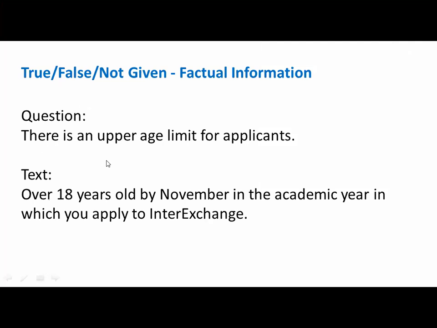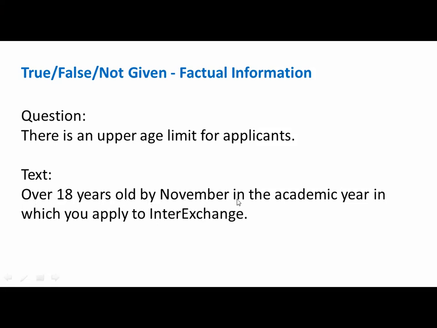So the question is, there is an upper age limit for applicants. Now you will search, is there any upper age limit for the applicants? Over 18 years old by November. So this is what the minimum age is. The question is about upper age. It's not about upper age means okay, after 35, after 40, after 50, you cannot join. So is there any upper age?